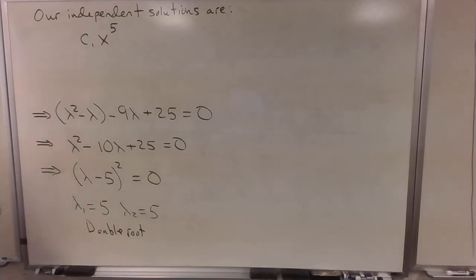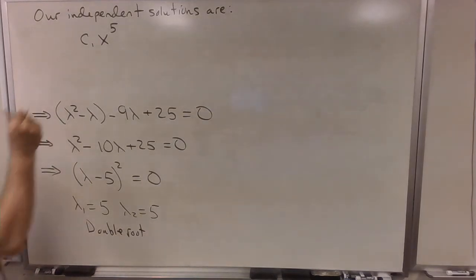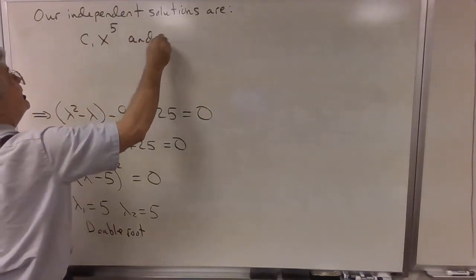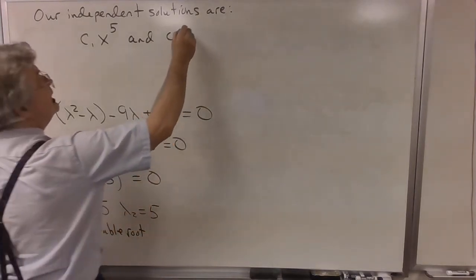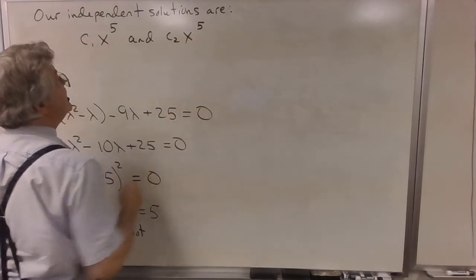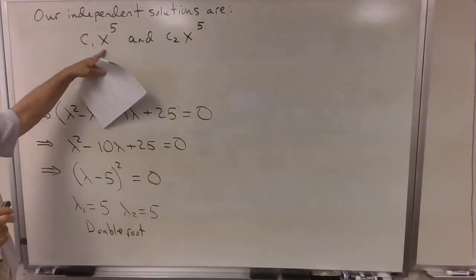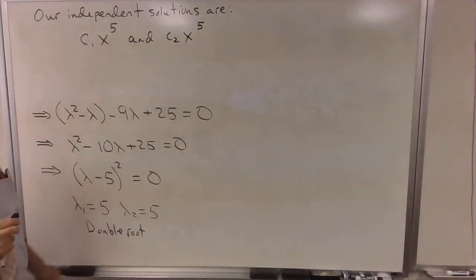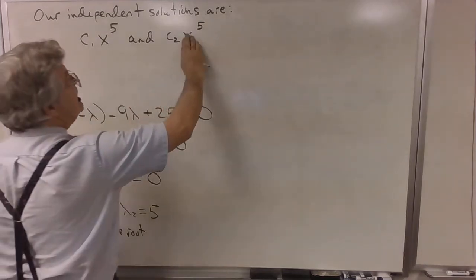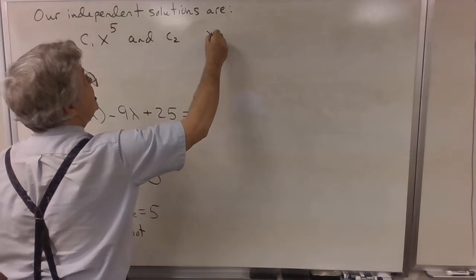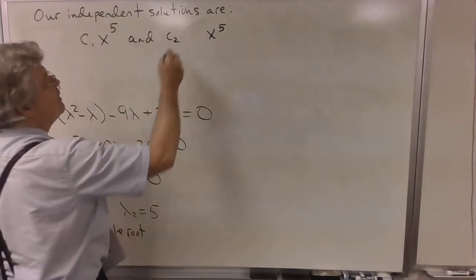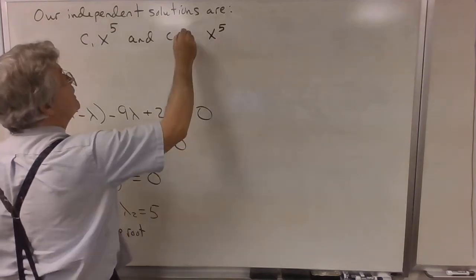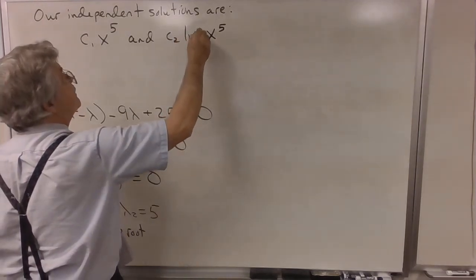c1 x to the lambda and c2 x to the lambda. But these are the same. To get a second independent solution, I take this second thing and I multiply it by not x, but natural log of x.